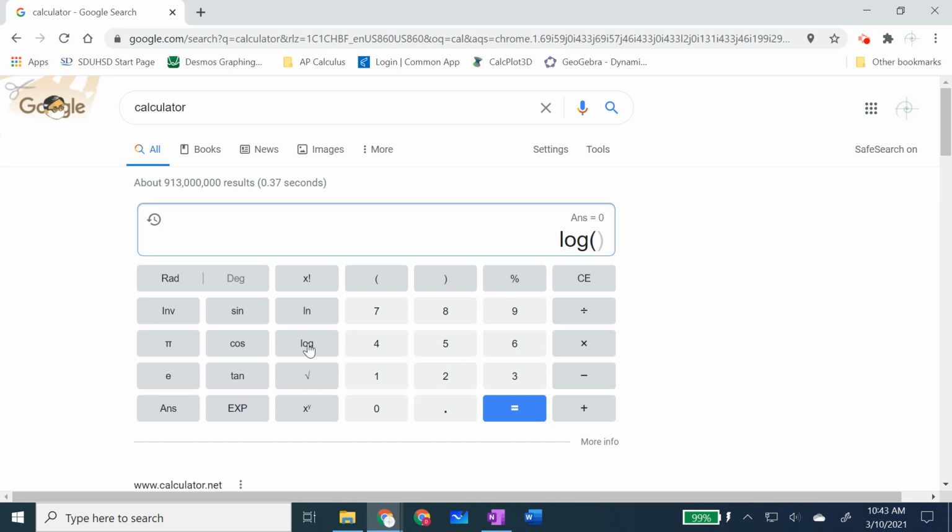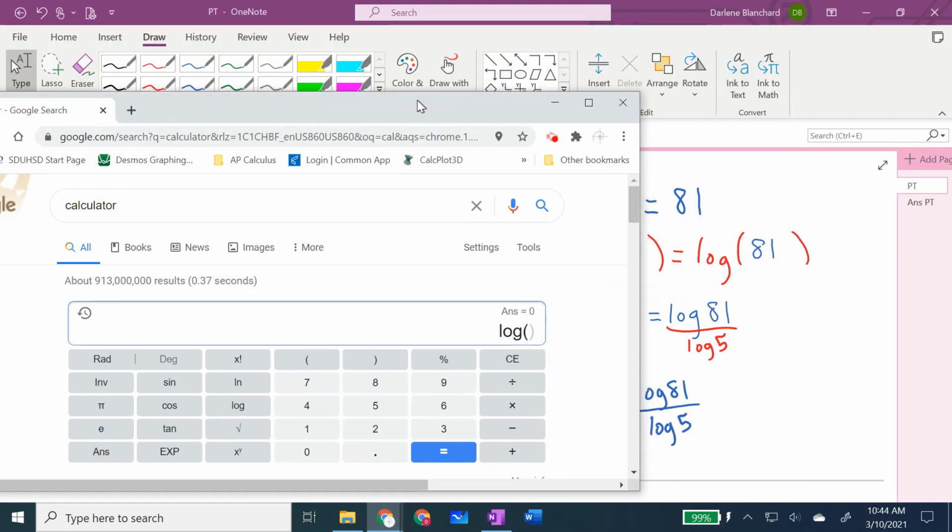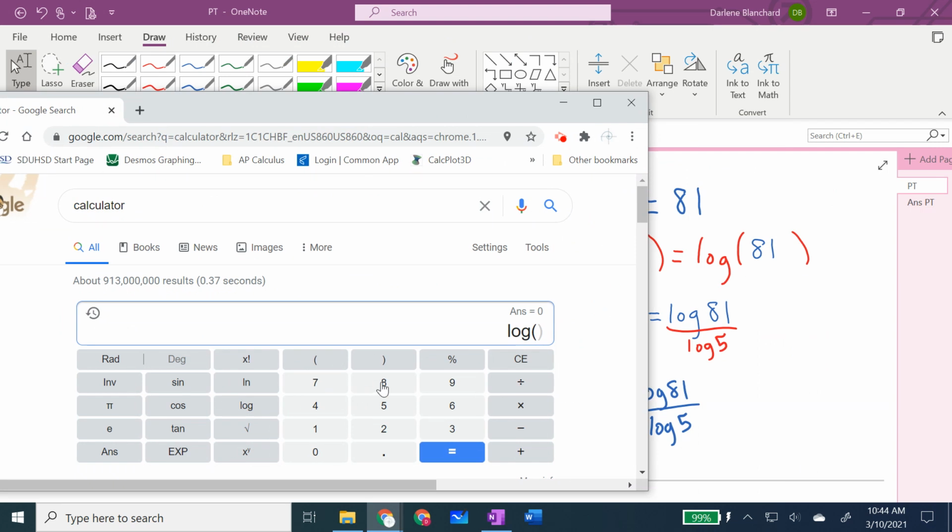With this one, if you first push log and then you push the number, 81, it will automatically put that in. But what's beautiful is you can go parentheses and then divided by, and then keep going, log 5, and that is going to give you a correct answer. So that is going to be a calculator that is easier to use.